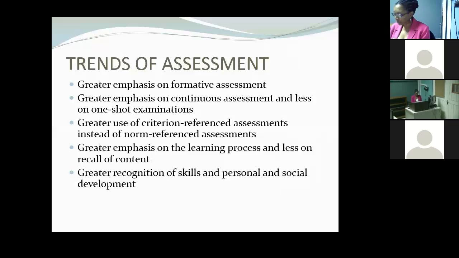What am I saying? School-based assessment is primarily regarded or treated as continuous assessment, and sometimes it's even treated as summative assessment.